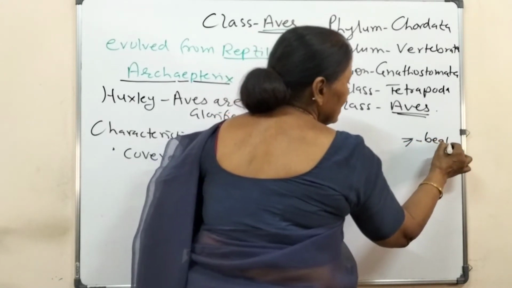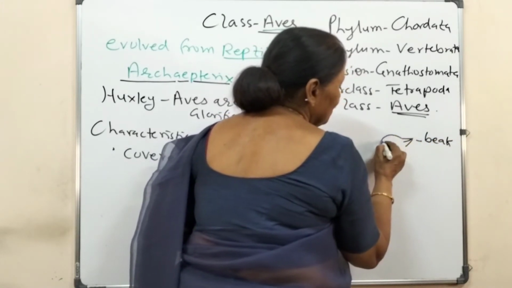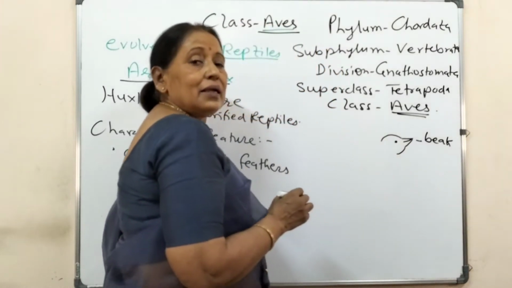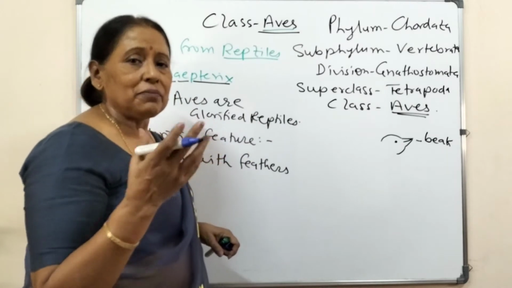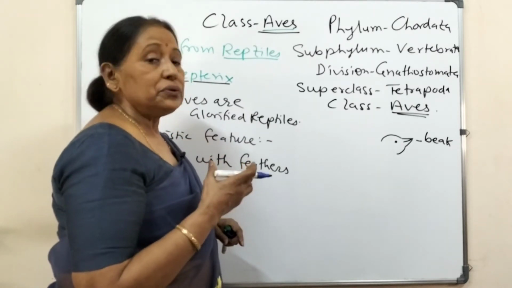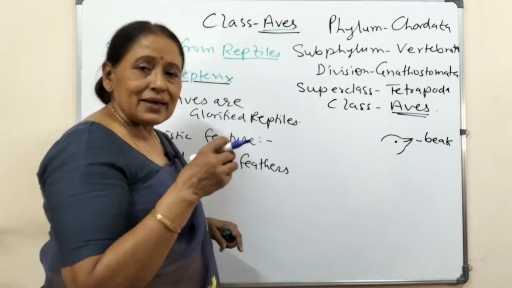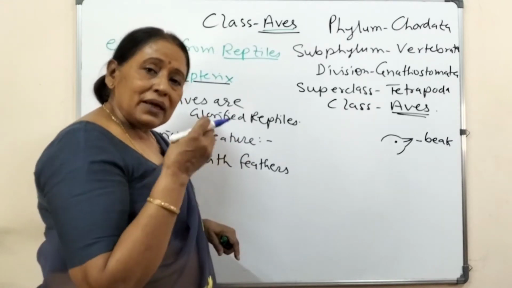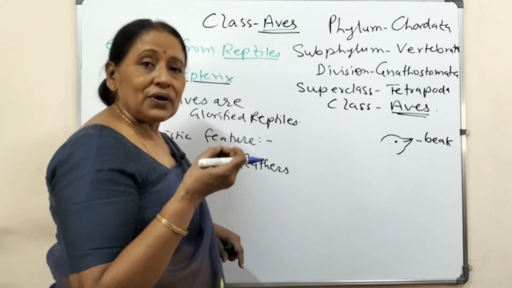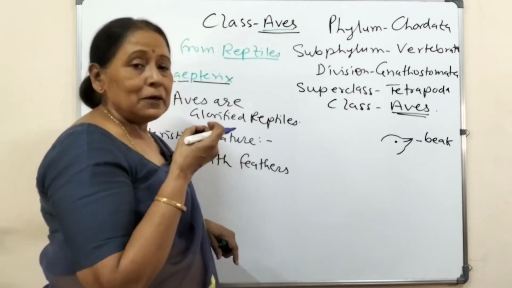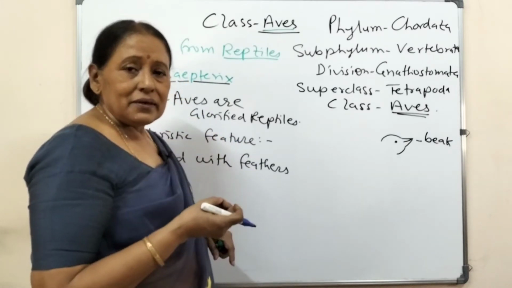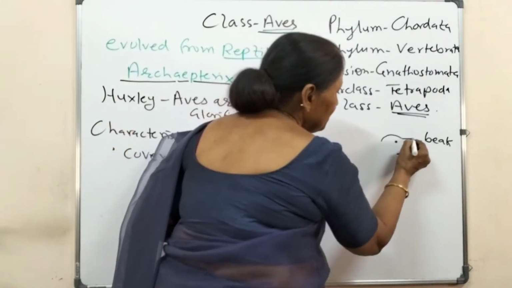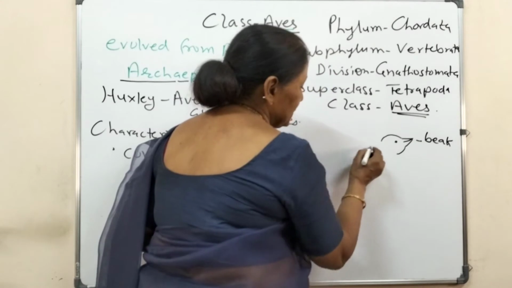This beak is an extension of the jaw. The beak helps the organism for many purposes. Generally, you know that it is for feeding. It picks up the grains with the help of the beak. But they use the beak for fighting also, for cleaning their body, and to feed their children. Of course, feeding is the most important function of the beak.